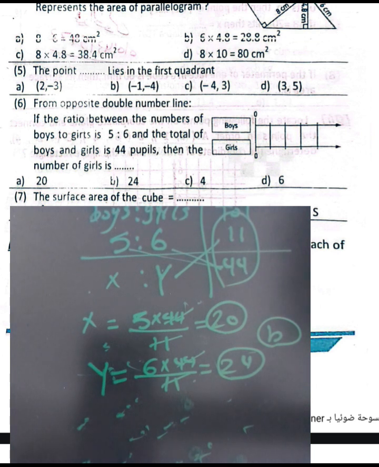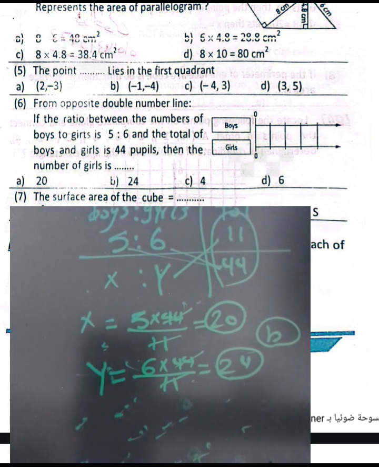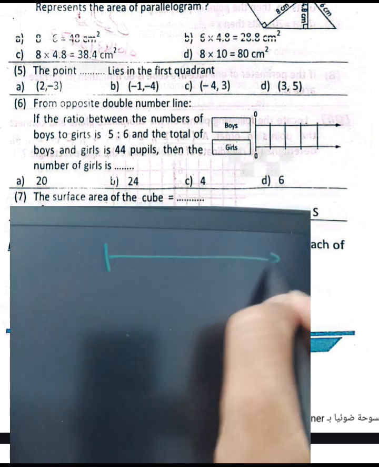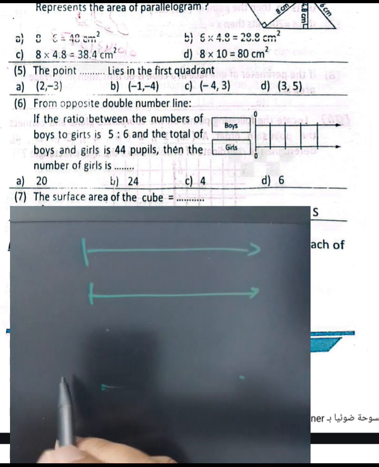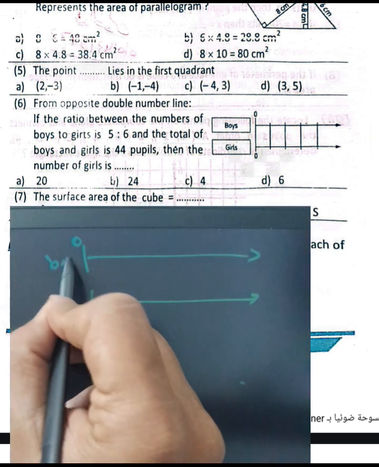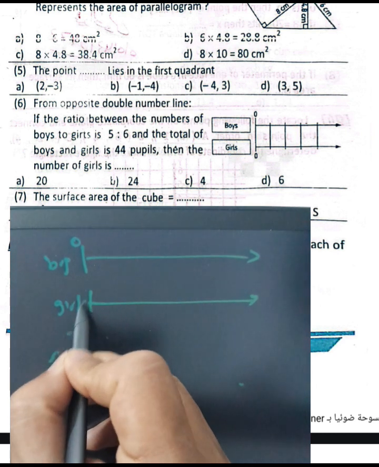Okay, understood? You can solve this example by this method or by a double number line. Here, in the double number line, the first ray is for boys, and here for girls.